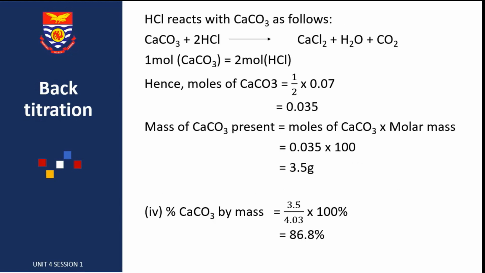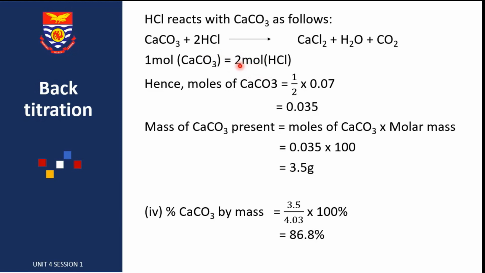the mass of the calcium carbonate. In finding the mass of the calcium carbonate, we need to do something. We now know the moles of the HCl that was consumed. We have to write an equation to show the reaction. Then we use the mole ratio to find the corresponding moles of the calcium carbonate. Okay, so this is an equation, and from this equation, for every 1 mole of calcium carbonate, we will have 2 moles of HCl reacting with it.